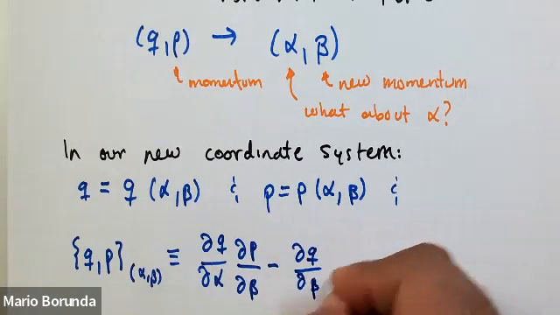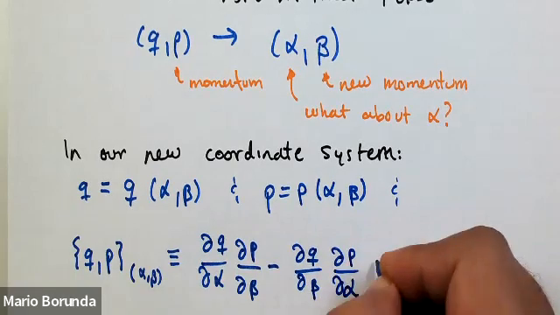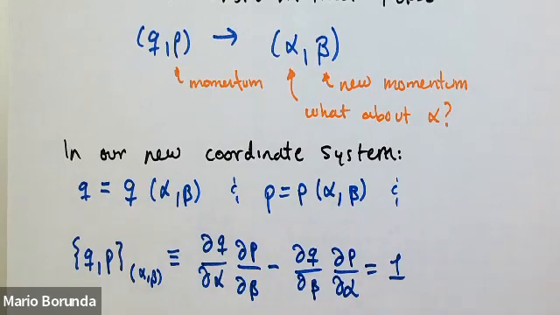So we have the beta now with the Q and the P with the alpha. And this has to be equal to 1. That's because they're canonical.